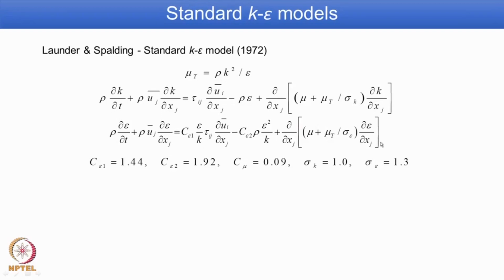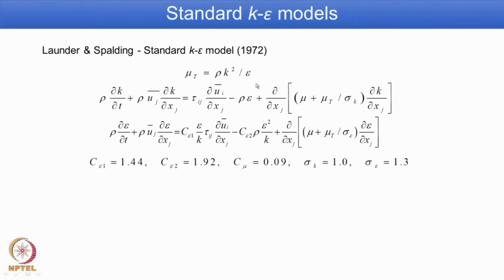It has 5 constants as shown here: C epsilon 1, C epsilon 2, C mu, sigma k and sigma epsilon. So, the equation for turbulent kinetic energy and dissipation rate, along with these 5 constants and this relation for mu t, is called the standard K epsilon model.